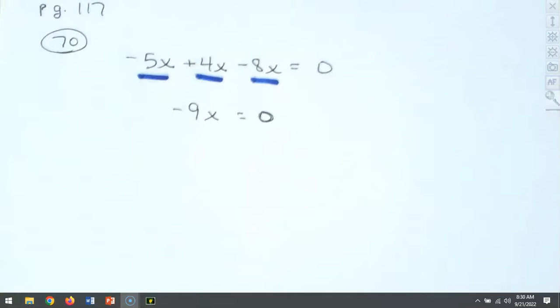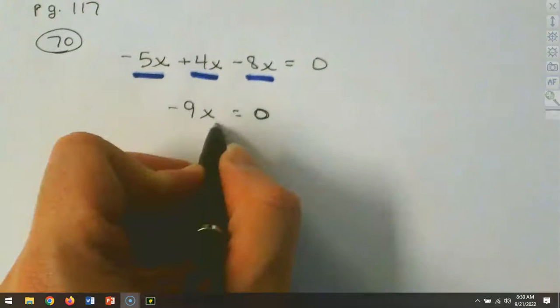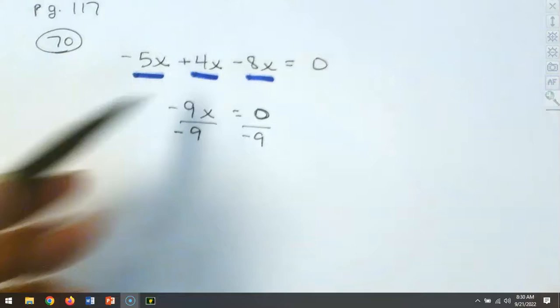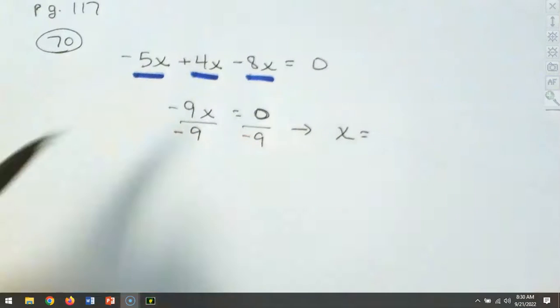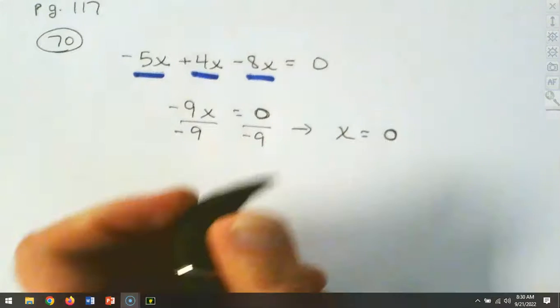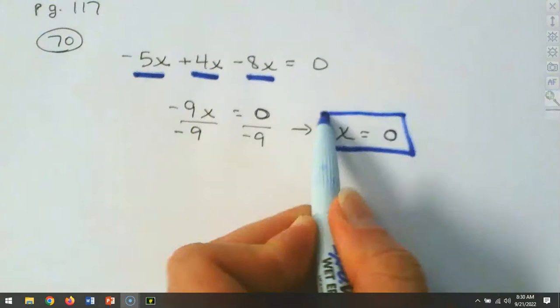And how do we get rid of the negative 9 in front of the x? It's linked to the x by multiplication. And what's going to undo my multiplication? Division. So I divide both sides by negative 9. Those are all going to cancel. So again, we are left with x equaling 0 divided by negative 9, which leaves you with a 0. So there's your answer. Simple enough. x equals 0.